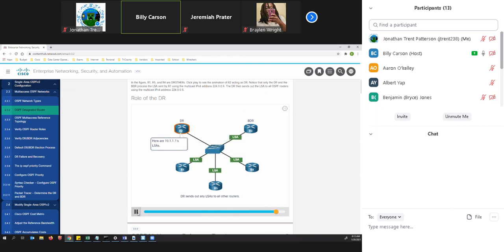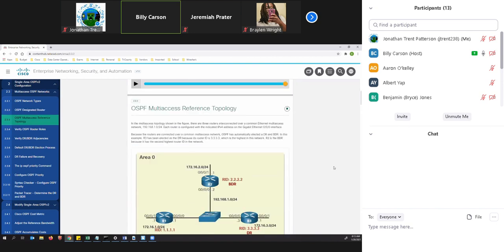And boom, there it went to all of them. Okay, so that's updated. So as you see, as it sends this multicast out, once it knows, each one of them will do it. It's going to send it to the DR, to the BDR, and if the DR is still in control, then it will send out to everybody to update them. Okay, that's how that's flowing.